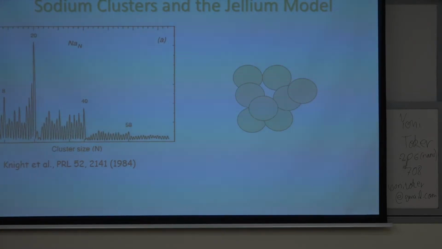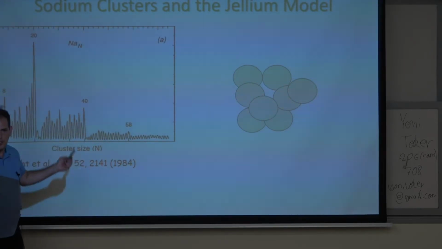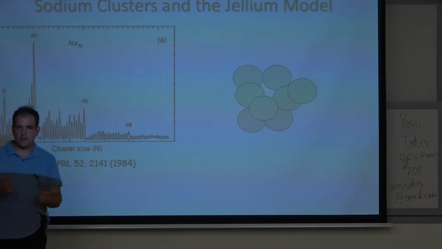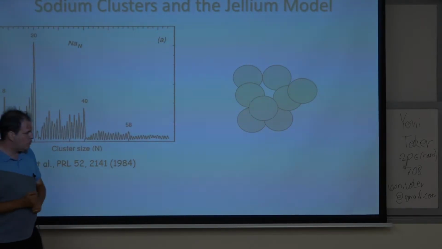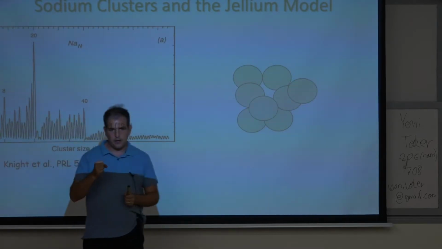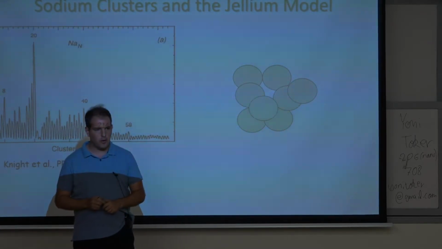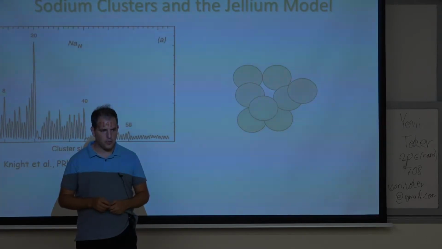Okay, so how do we understand sodium clusters? So sodium is a nice example of metal clusters. And the way we think about metal clusters is that the electrons within the cluster are shared throughout the whole cluster, just like quantum dots or metallic nanoparticles.